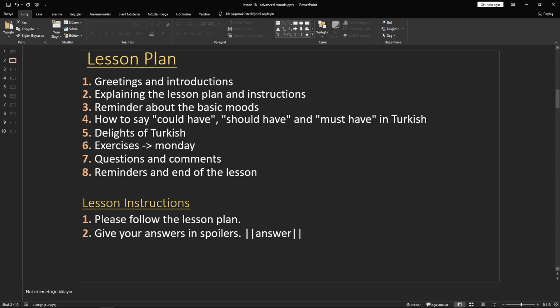So let me just do this. We are in the second step. We will follow this plan. Then I will talk about basic moods because I see new faces. Some of them are probably beginners and they probably don't know how moods work. I will make a quick summary of basic moods because it is the essential grammar subject for our subject today.